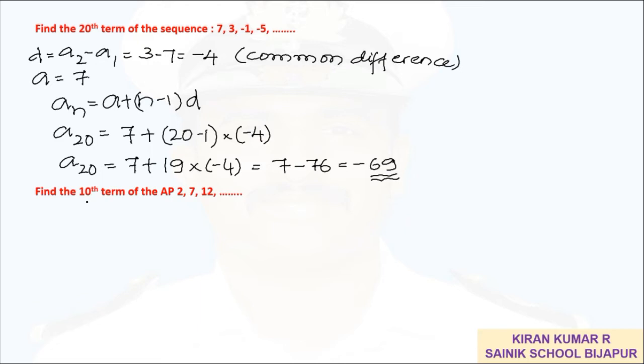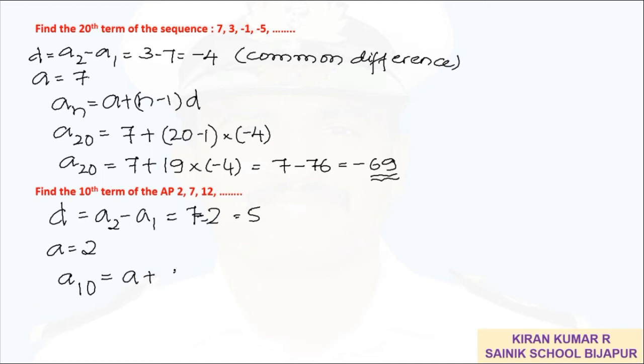Similar to this previous question, we have another question wherein we have to find the 10th term of an AP. So first let me find the common difference. Common difference is the second term minus the first term. Here 7 minus 2, we get it as 5. So 5 is the common difference. The first term is 2. So a10 will be a plus 9d.